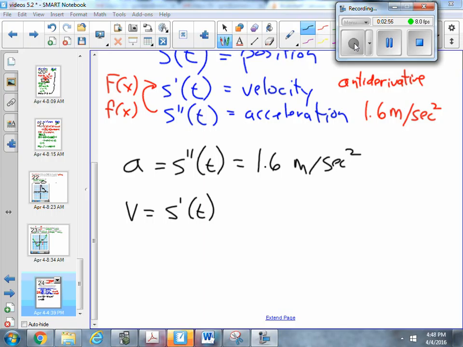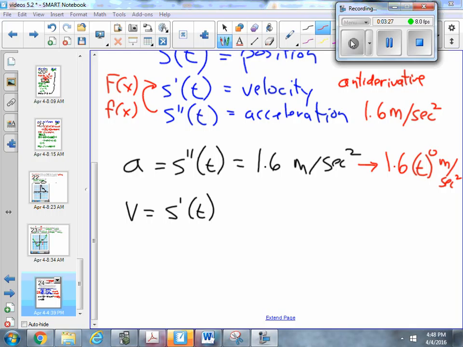And I'm going to say, well, this acceleration is really the same thing as 1.6 t to the 0 meters per second squared. Because acceleration in this case is constant. It's not a function of t.